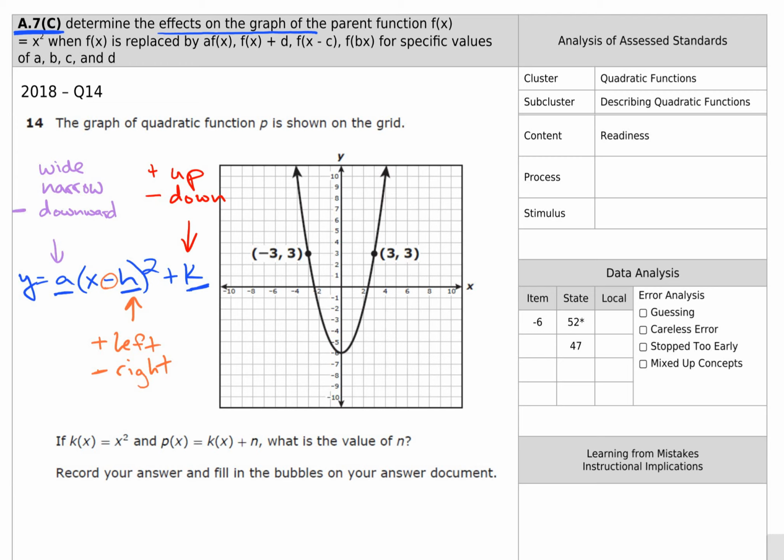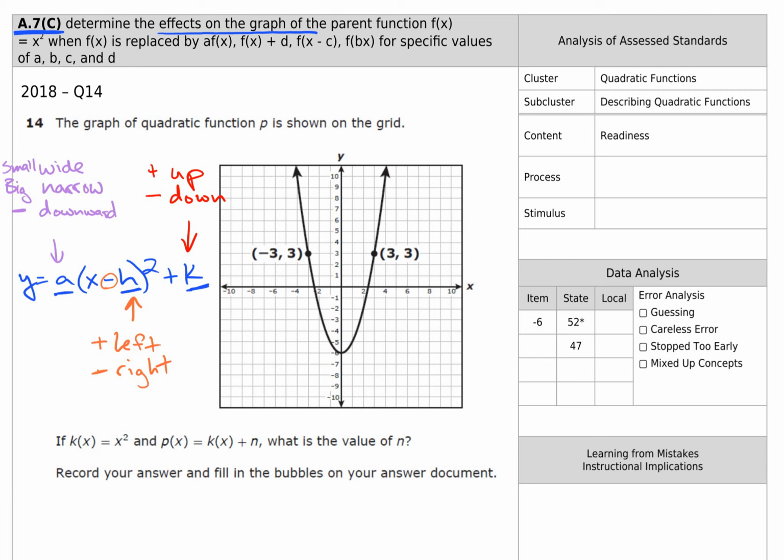Narrow would be numbers greater than 1, big numbers, just bigger than 1. So 1.5 would make it narrower than 1 itself. And what would make it wider would be small numbers less than 1. So 1/2, 0.75, less than 1. We're talking positive or negative, as long as it's between positive 1 and negative 1.